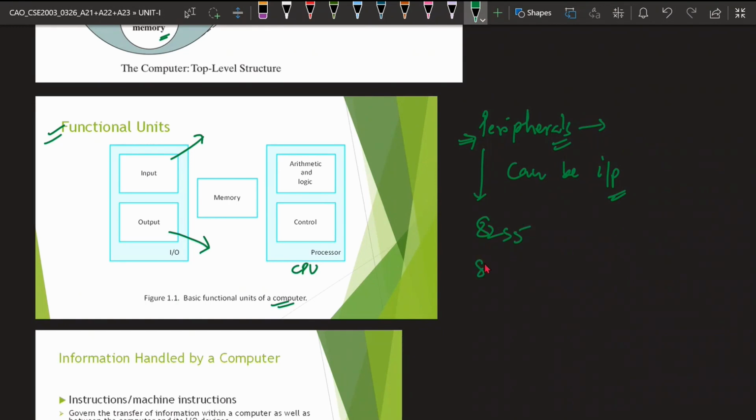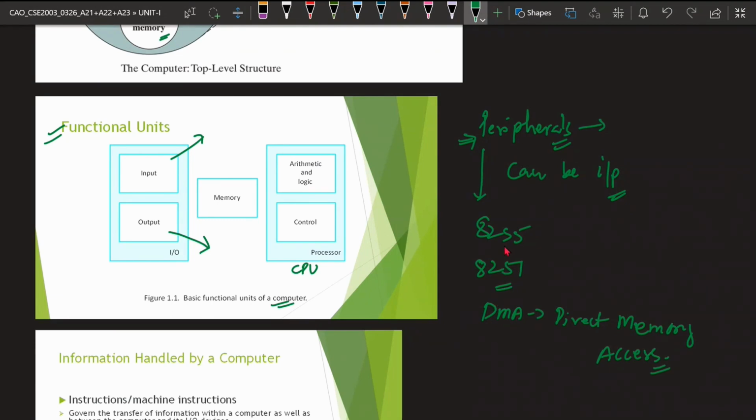In terms of peripherals, you might have known there are different ones like 8255, 8251, or DMA, a component called direct memory access. These are called the peripherals.